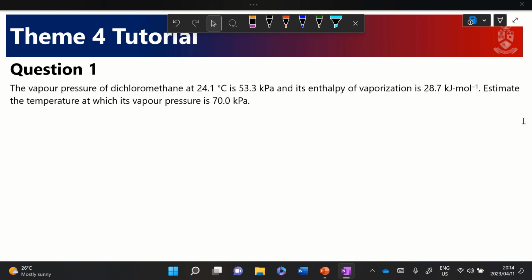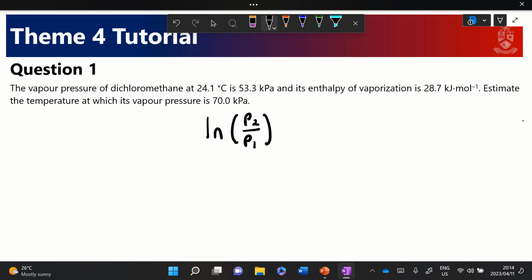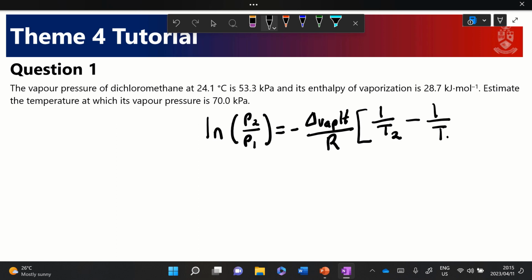So in other words, we need to use the Clausius-Clapeyron equation in the form of ln(P2/P1) = -ΔvapH/R × (1/T2 - 1/T1).